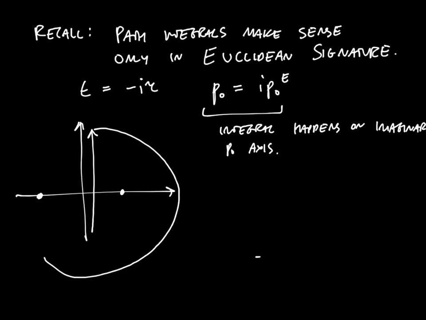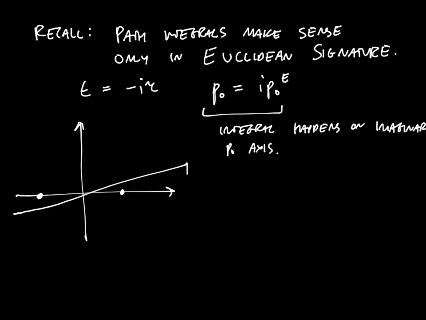So perhaps the better way to say this is that when I said I was integrating over real p naught, in reality I was integrating like this, because this is the contour that can be continuously deformed to be up and down on this axis. This information from Euclidean signature tells us how to do the integral, because only one pole prescription is compatible with it.